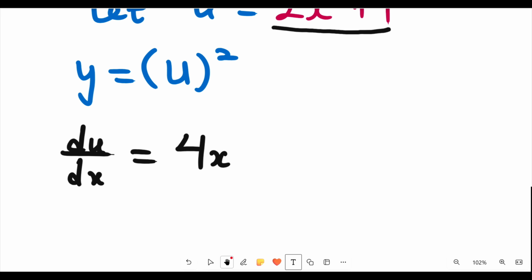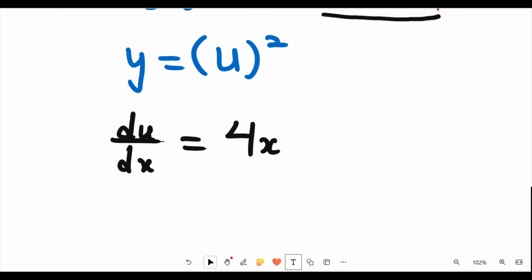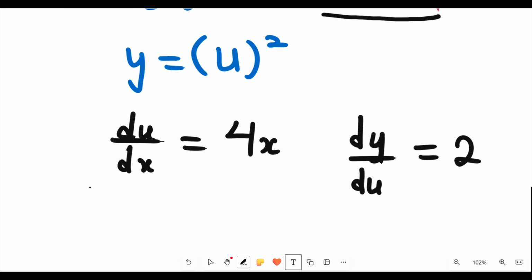Then we also differentiate our y with respect to u. This will give us 2u, because this power here will multiply the u, then the power will be reduced by 1.